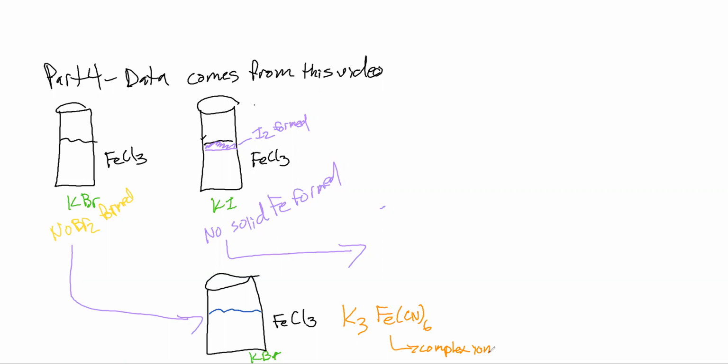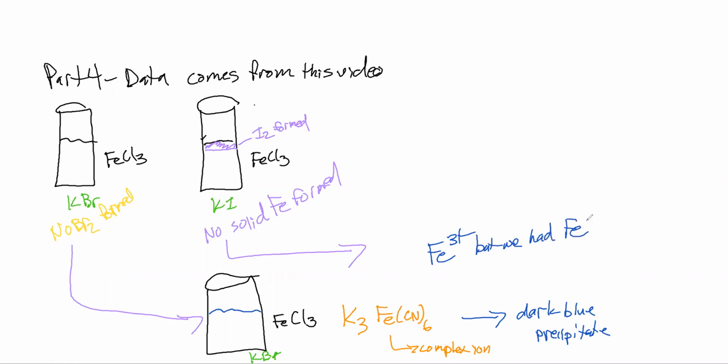So if there's an Fe2+ ion present, then we're going to see this dark blue precipitate. And what that's going to tell us is that inside that compound, we had not just Fe3+, but we had Fe2+.